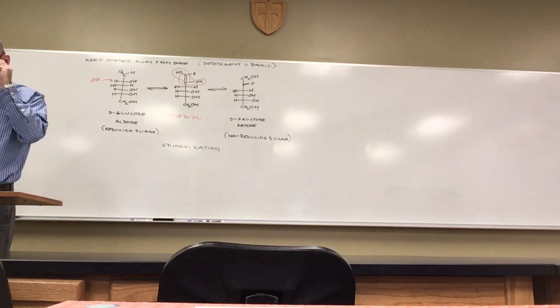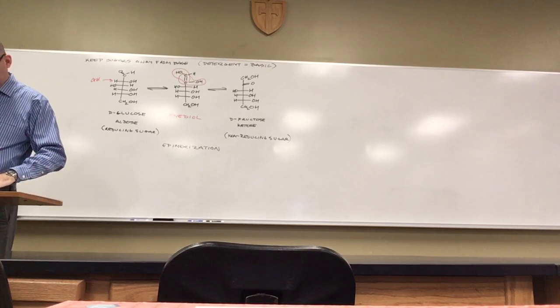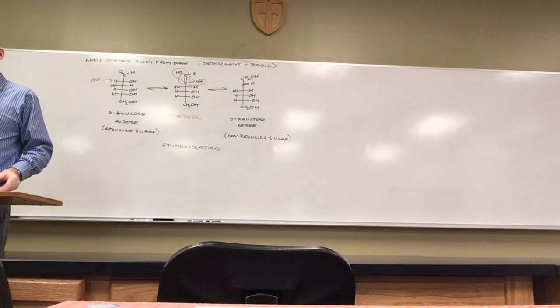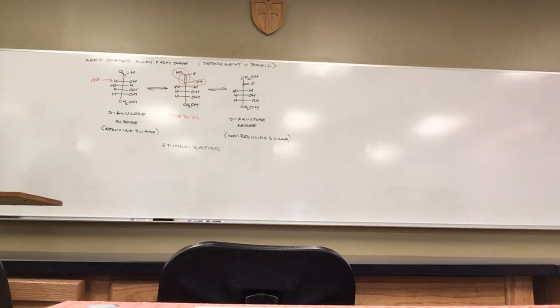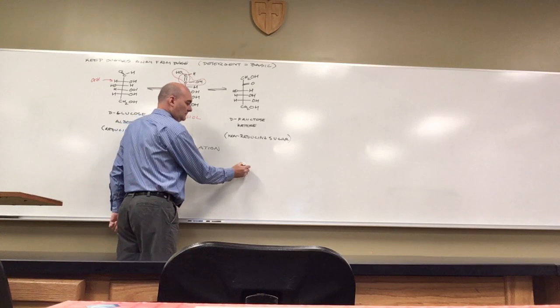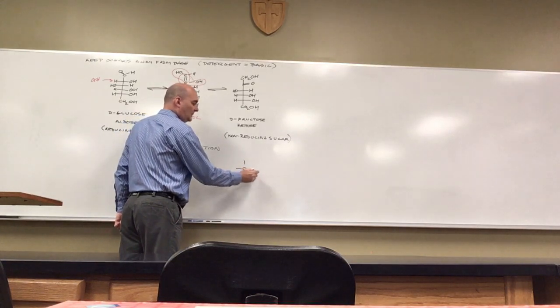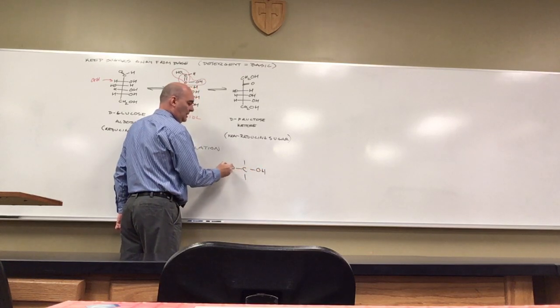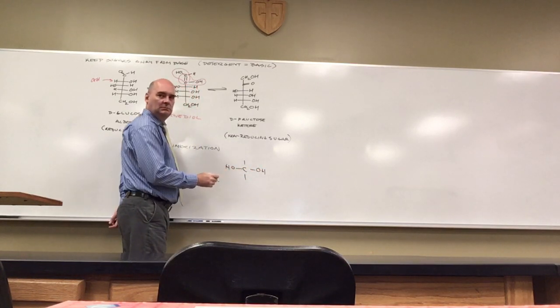I have a question. To make it a sugar, does each carbon have to be chiral, except for the terminal ones? Say again? So my question is, can a sugar have hydroxy groups on both ends of a carbon, or since it's not chiral, that wouldn't be a sugar anymore? I have a carbon here. You want me to put an OH here? Yeah. An OH there. The carbonyl's above it.